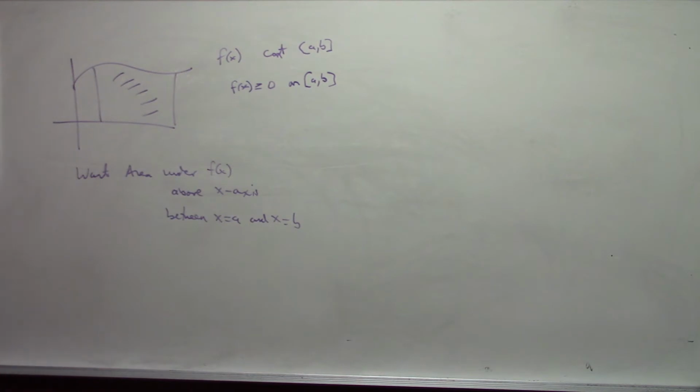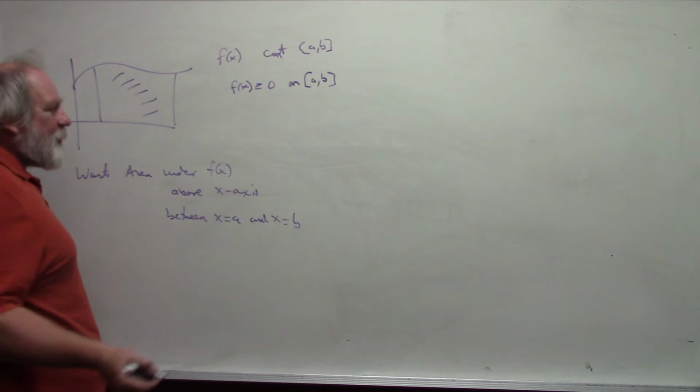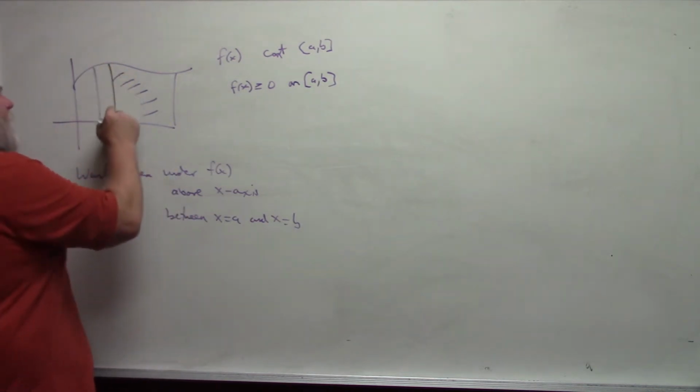Now, to do this, we are going to have to use calculus, but at the moment we will build up to how we can end up doing that. We can, using algebra, approximate this area.